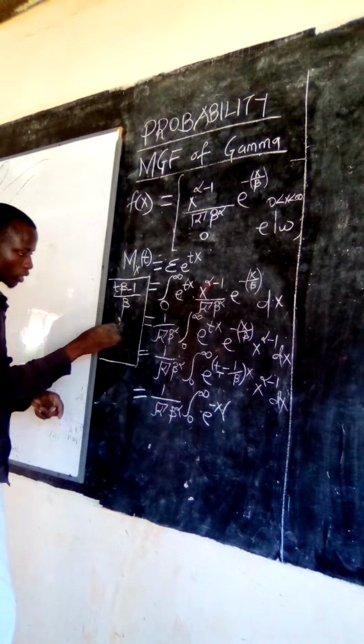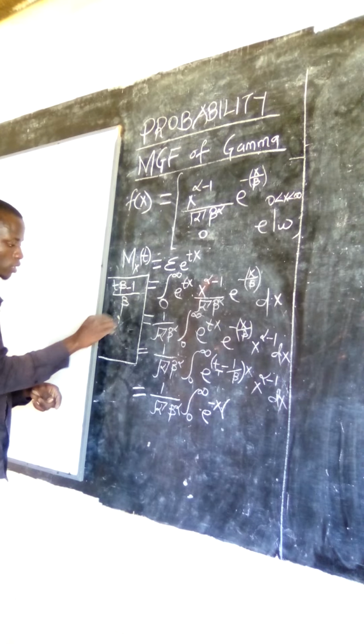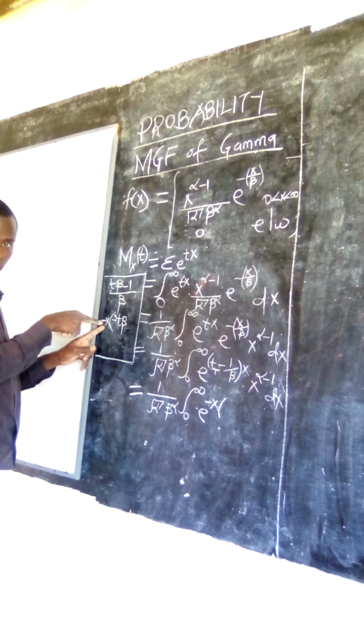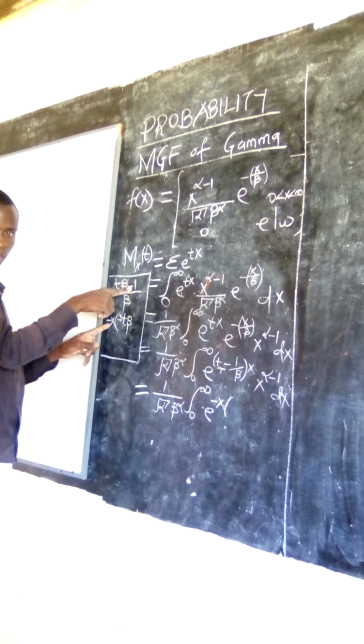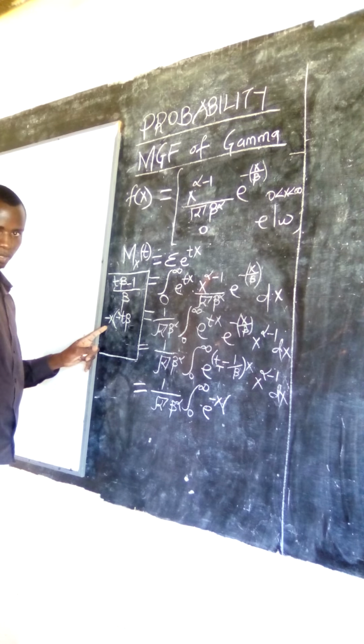When I say it is a negative x, a negative by a positive is a negative. I'll come up with a negative tβ, then that is tβ. This negative will affect the negative here, and a negative by a negative is a positive. So that one will be positive 1 there, then over β.